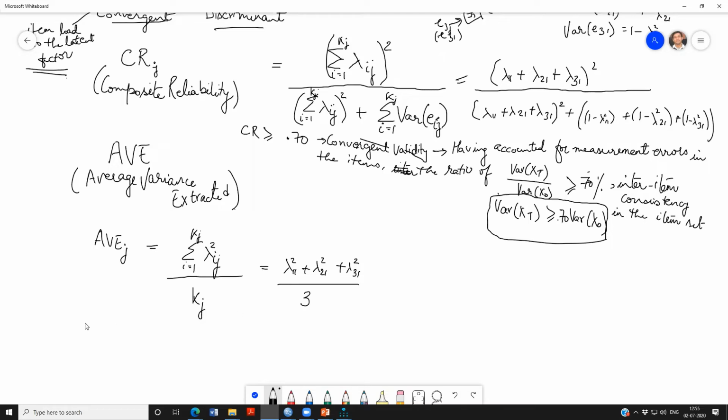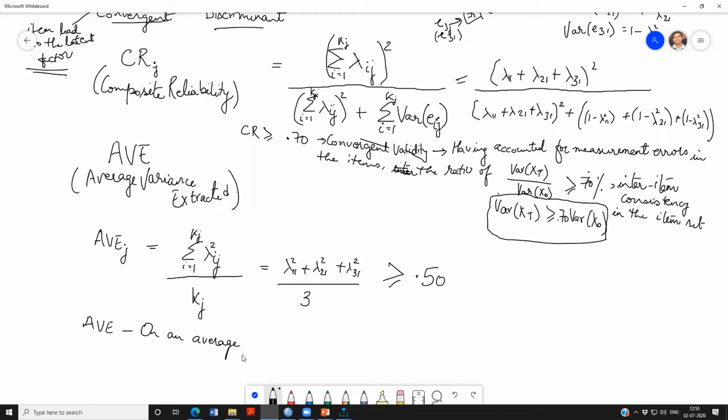So average variance extracted. What does average variance extracted mean? What is the definition of that? It means, on an average, and we usually test that the average variance extracted should be more than 50%.